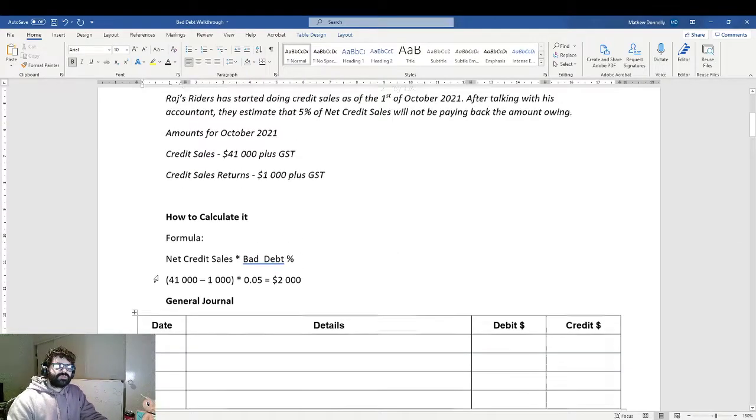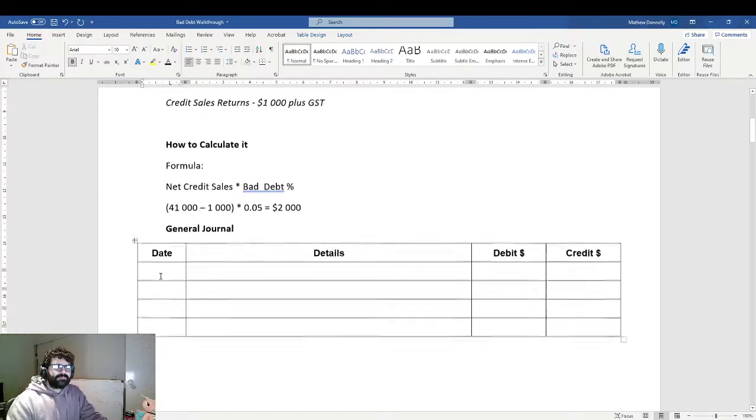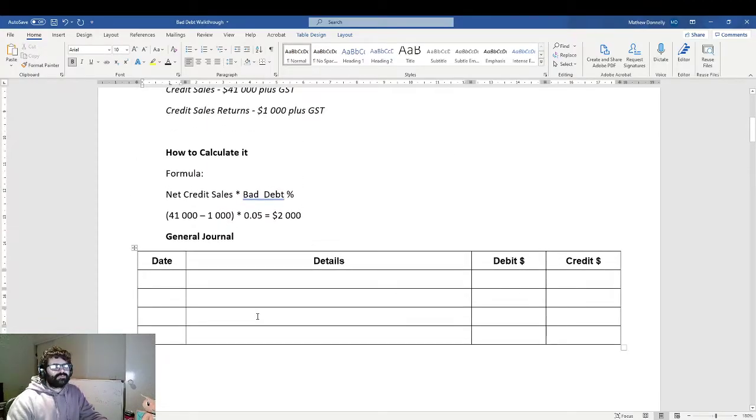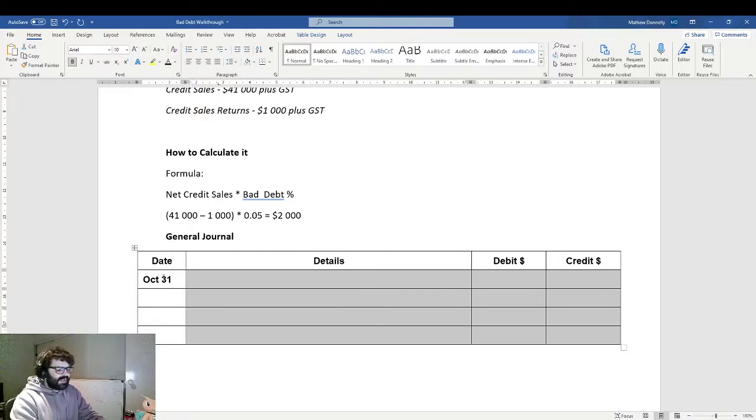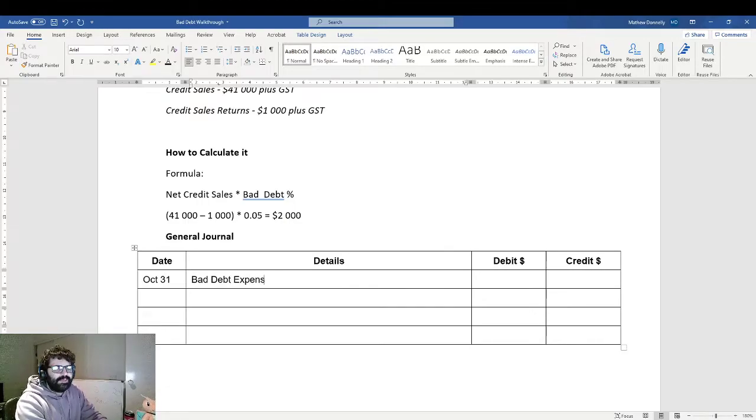So in the general journal, we're going to put the bad debt expense in. Now, I've left a gap, and we're doing it for the end of the month. I left a gap to do narration. So we go bad debt expense, obviously an expense, expense of 2,000.